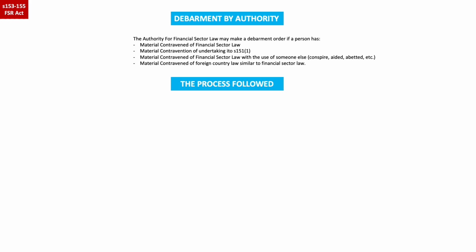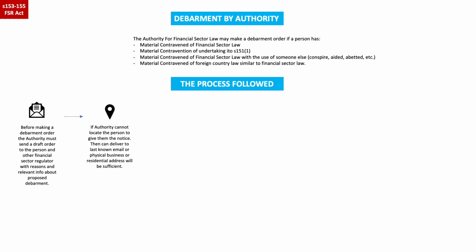The process followed will be: before making a debarment order, the authority must send a draft order to the person and other financial sector regulators with reasons and relevant information about the proposed debarment.